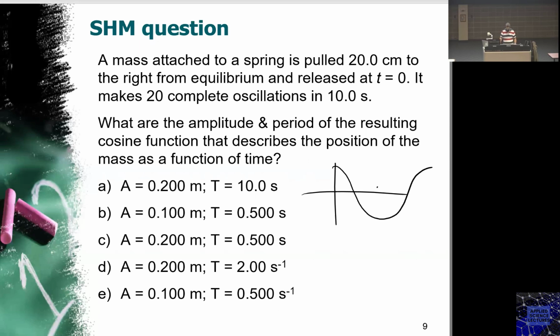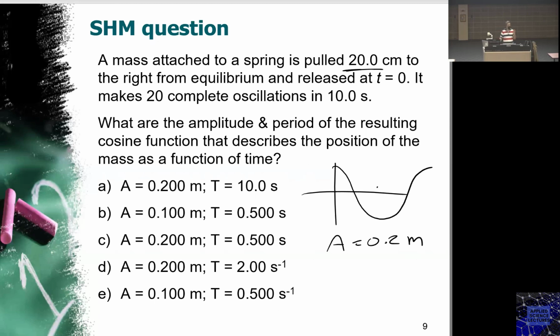Okay, so now comes the question here. What are the amplitude and period of the resulting cosine function? Now we know why it is a cosine that describes the position of the mass as a function of time. It's pulled to the right 20 centimeters, which means that the amplitude is 0.2 meter.